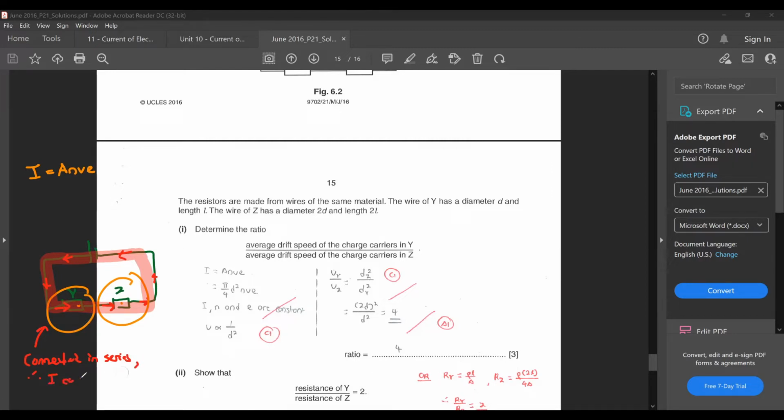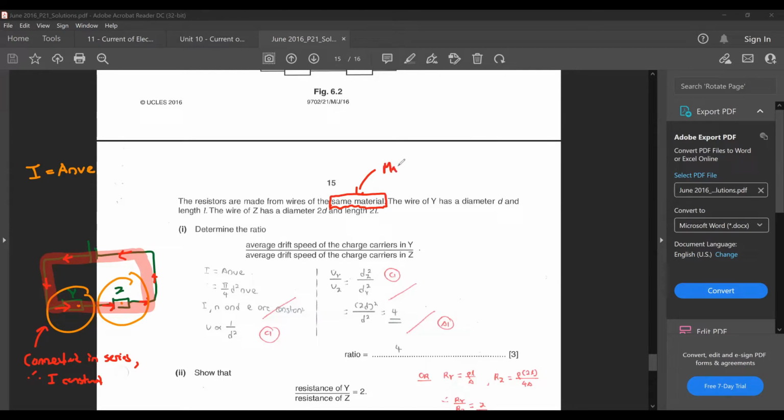Therefore, I is constant. The second thing is that they say it's made of the same material. Under the lesson recording, I mentioned that resistivity is the property of a material. It depends on your material. If your material is different, your resistivity would change. Another thing I was talking about was a different quantity.